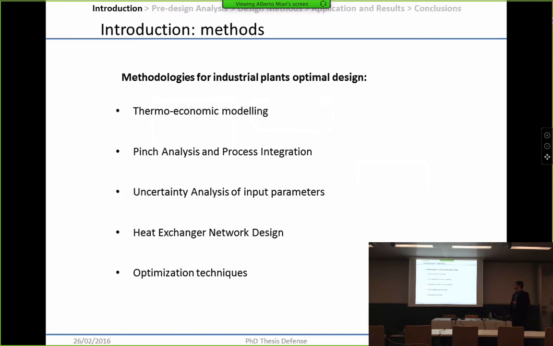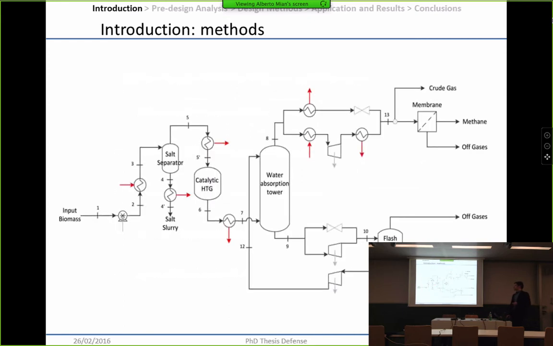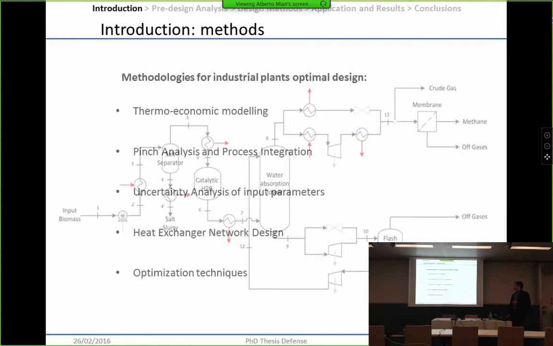So in this thesis, to end up the introduction, the methodologies I have developed deal with several topics. First of all, we have thermoeconomic modeling, which is basically linked with the representation of a physical system into mathematical equations, taking into account economics and thermodynamics.